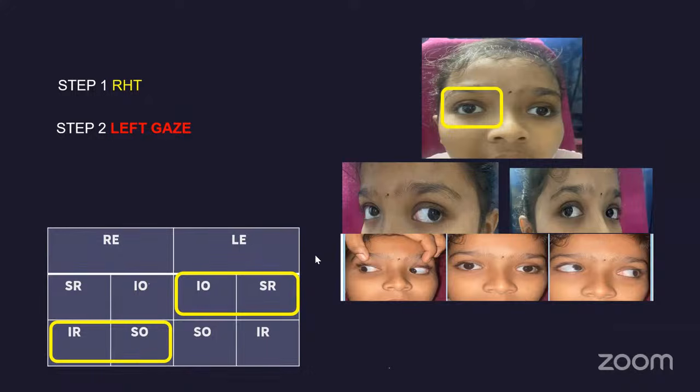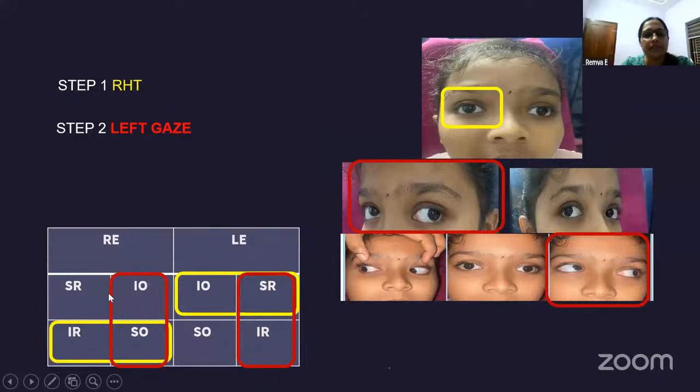So these are the muscles acting in the left gaze: left side, both recti, and right side, both obliques. So just see, now we have 2 muscles, superior oblique and superior rectus. Right eye superior oblique and left eye superior rectus.